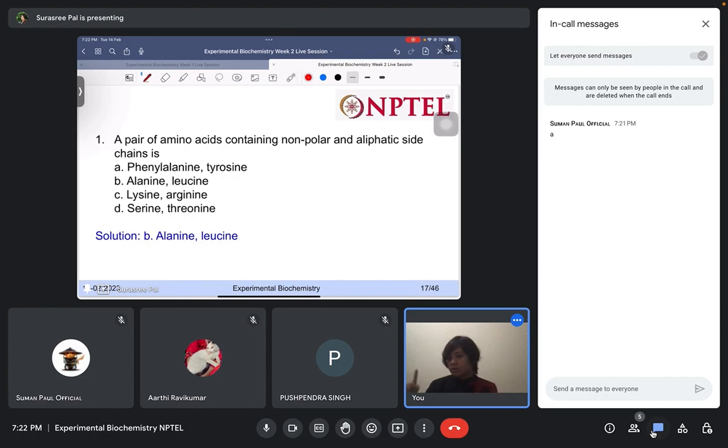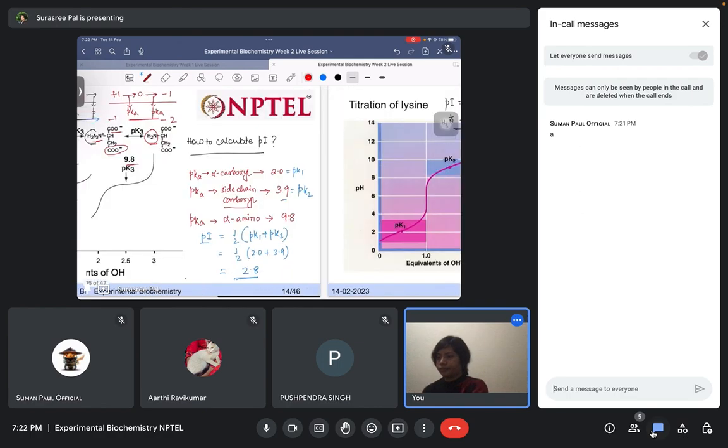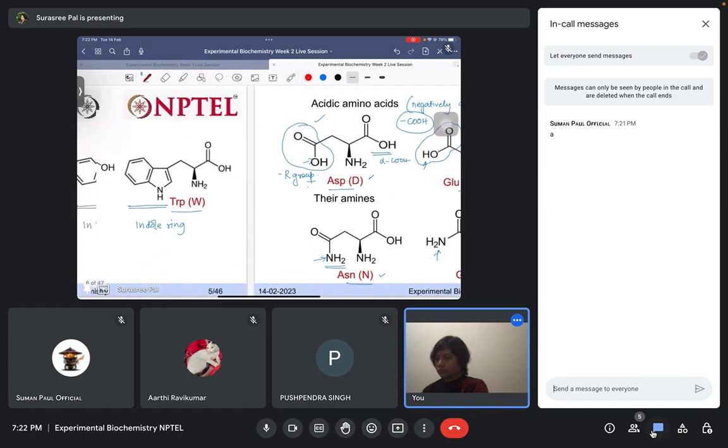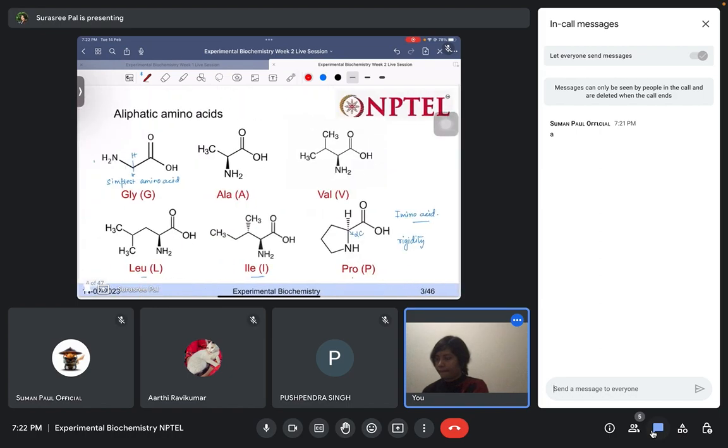Should I go back to the structure once and tell you again? Alanine and leucine. Here, this is how alanine looks. You can see that its side chain is aliphatic and also not polar.